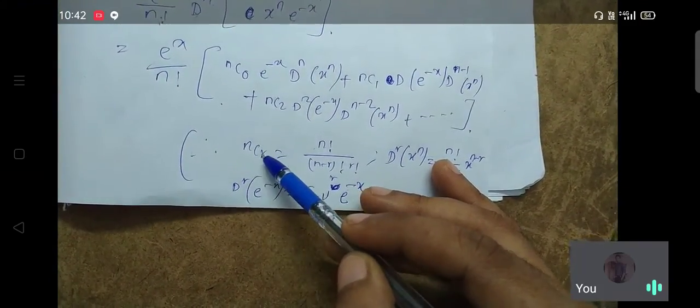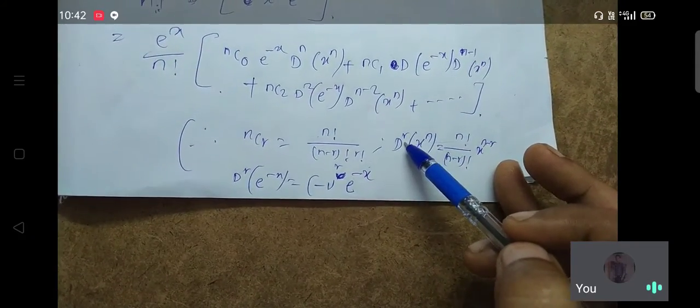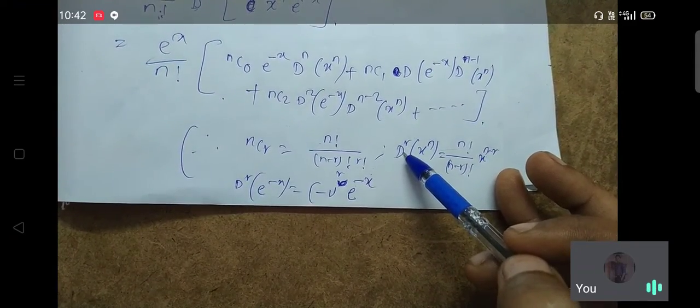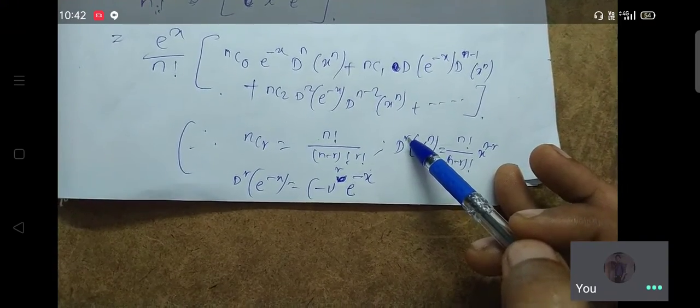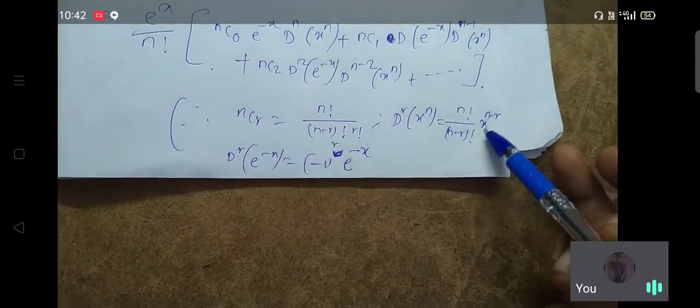So you know nCr is equal to n factorial divided by r factorial n minus r factorial, and the rth derivative of x power n is equal to n factorial divided by n minus r factorial x power n minus r.